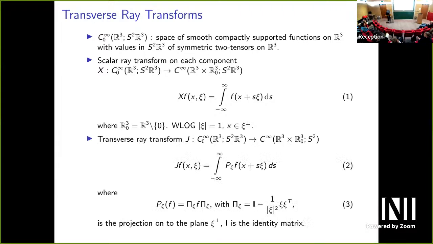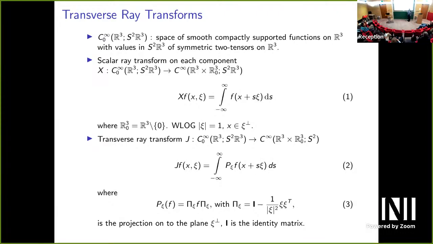Okay, so the transverse ray transform is a useful object in many problems. It's called the Sharafutdinov J. But what we do is we take a symmetric tensor field S, for notation, a symmetric tensor field on R3, Euclidean space, and now of course that's got 6 components, right?